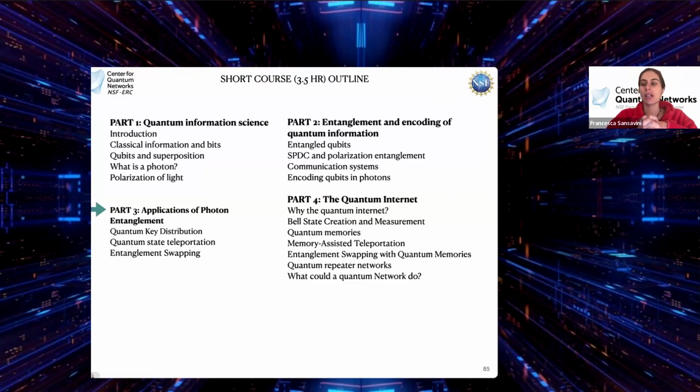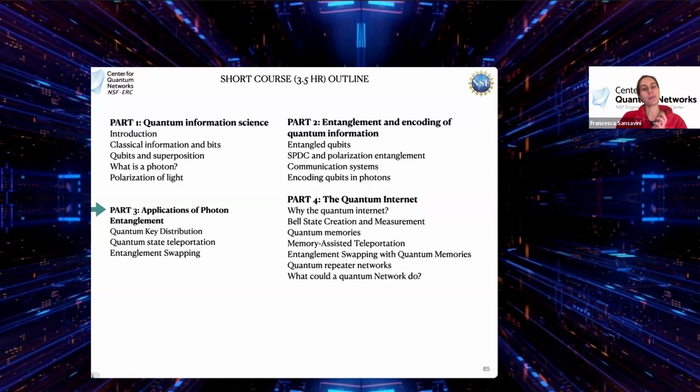So again, we have seen classical information, bits. On the quantum side, we have seen what a superposition is, what entanglement is, and how entanglement works in some specific cases. And we have focused on photons and especially polarization of light, which is a way of encoding quantum information in photons.